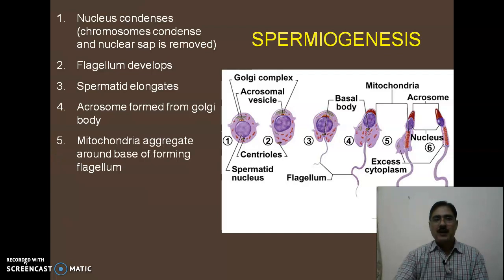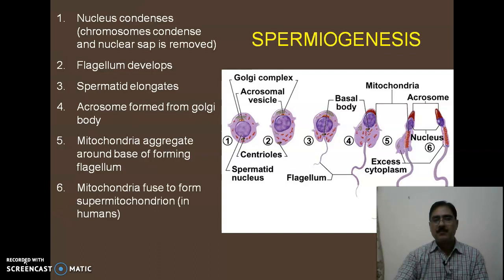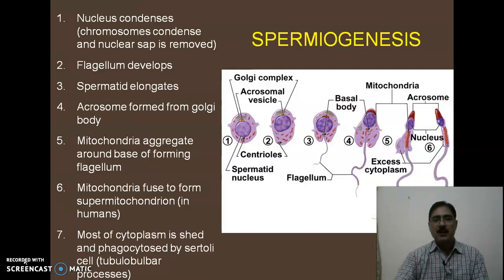The mitochondria aggregate around the base of the forming flagellum. The mitochondria fuse to form a supermitochondrion in the case of human beings, and most of the cytoplasm is shed and phagocytosed by Sertoli cells through tubulobulbar processes. All these processes are summarized in the diagram.